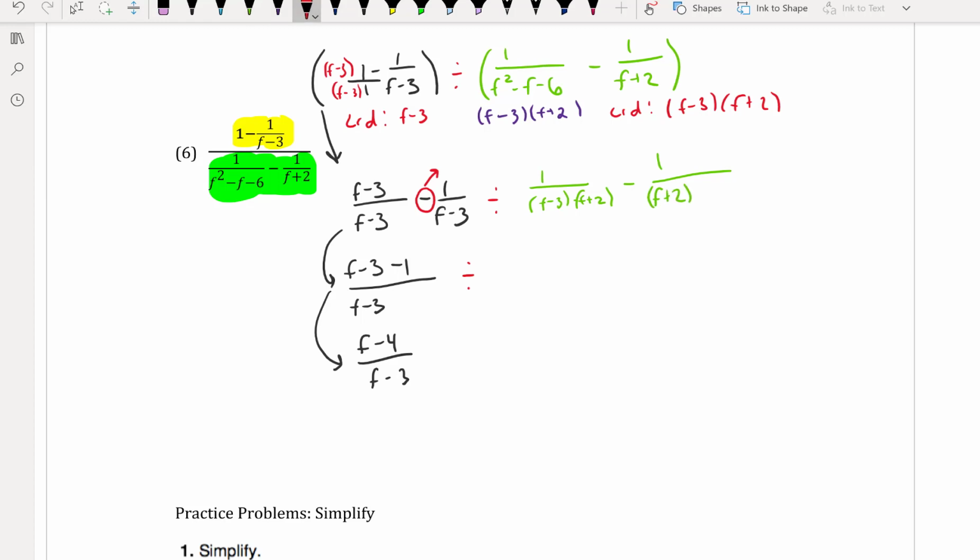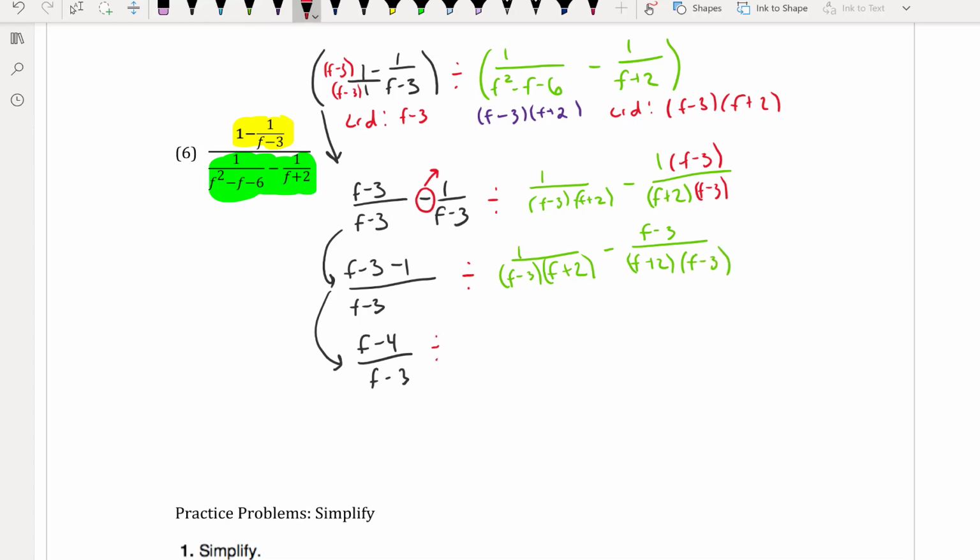And so what I'm missing is the f minus 3. So I need to multiply the numerator by f minus 3. So now I have 1 over f minus 3 f plus 2 minus, and I have f minus 3 over f plus 2 f minus 3.